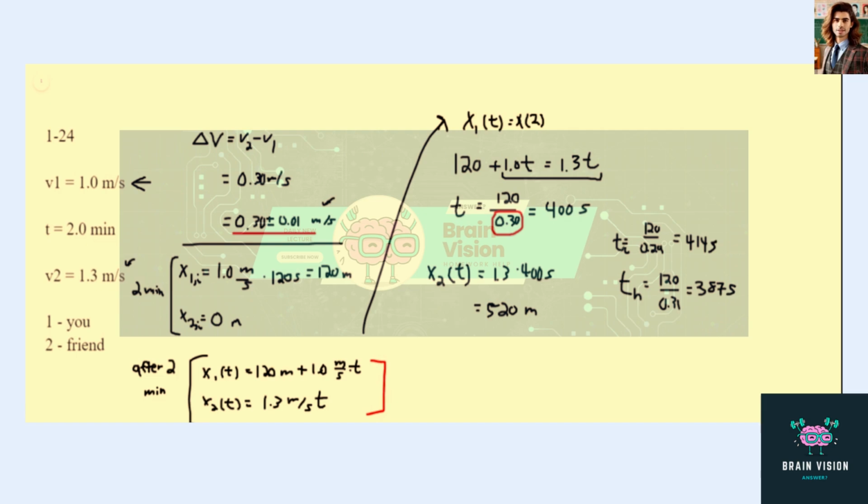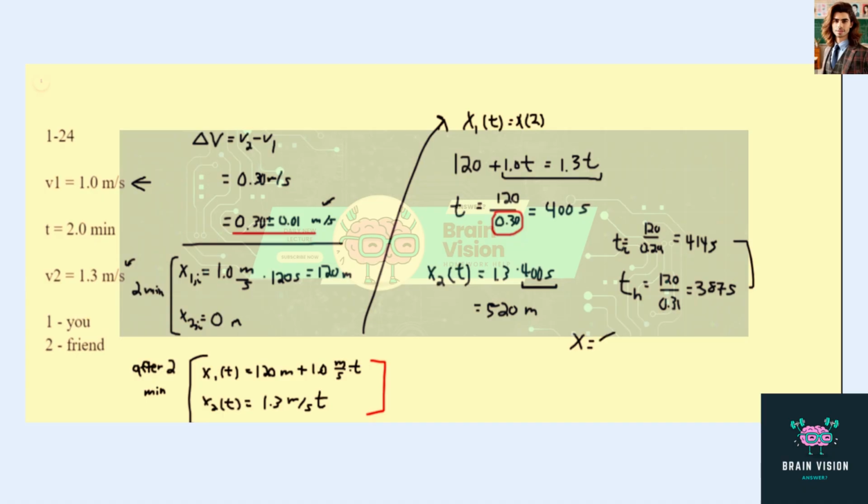If we use both of these values to compute x2, the distance in general, where x1 equals x2, we use these two different values for time. I'm just calculating it now.